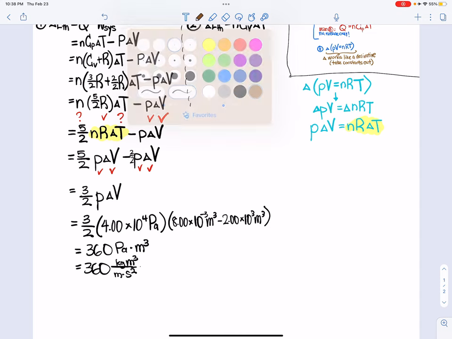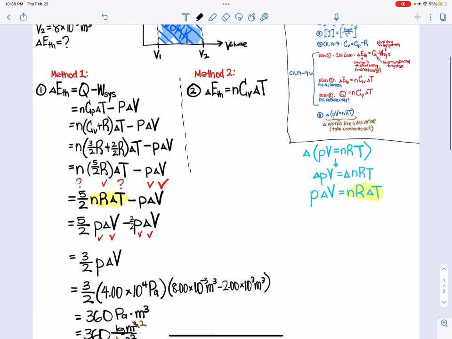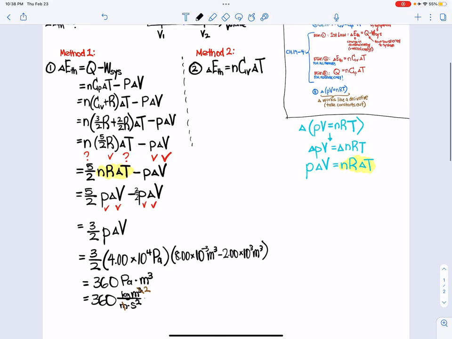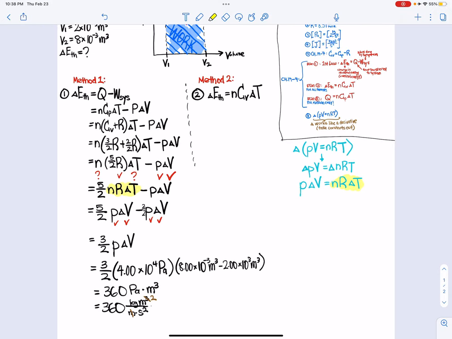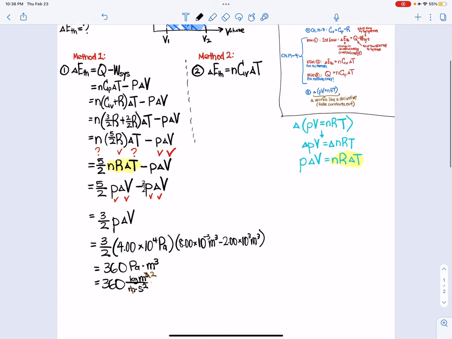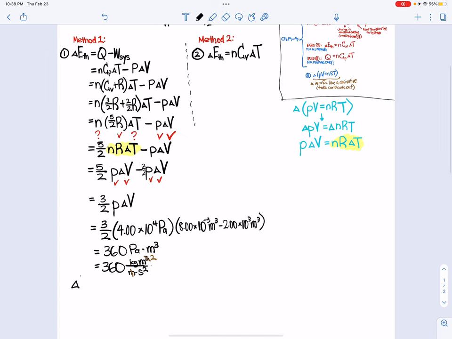So we could cancel this meter out and this becomes to the second power. And wow, would you believe we've got ourselves a joule, because kilogram meter squared over second squared is the same as a joule, right? They're equivalent units. So our final answer is that our change in thermal energy, also known as change in internal energy, is equal to 360 joules. Okay? There you go.